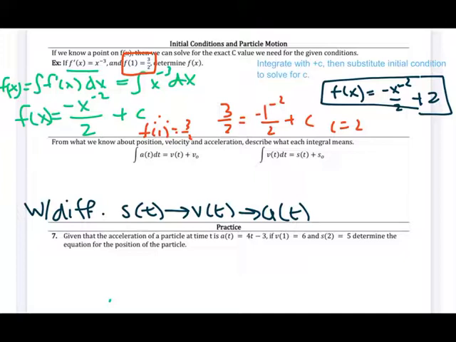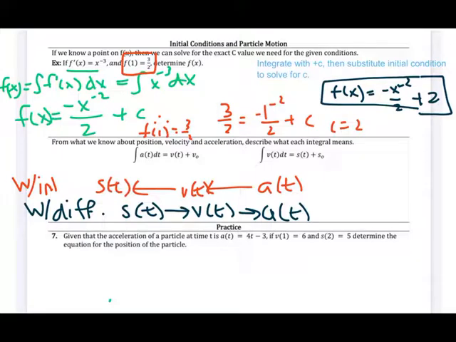If we have velocity, we take the derivative, that gives us acceleration. Now, if we're looking at integration, this works in the exact opposite direction. With integration, if we have acceleration and we integrate it, we get velocity. If we have velocity and we integrate it, we get position.